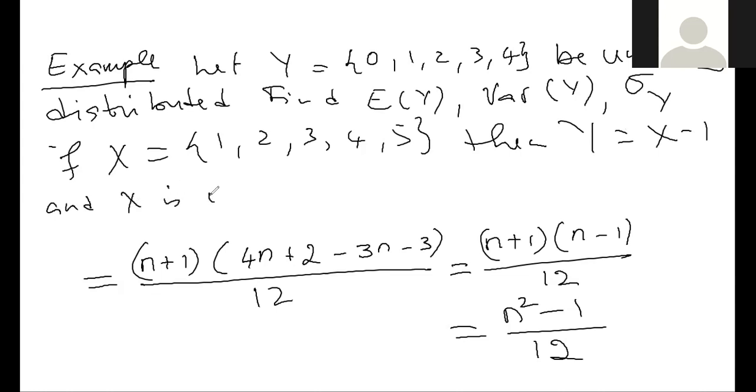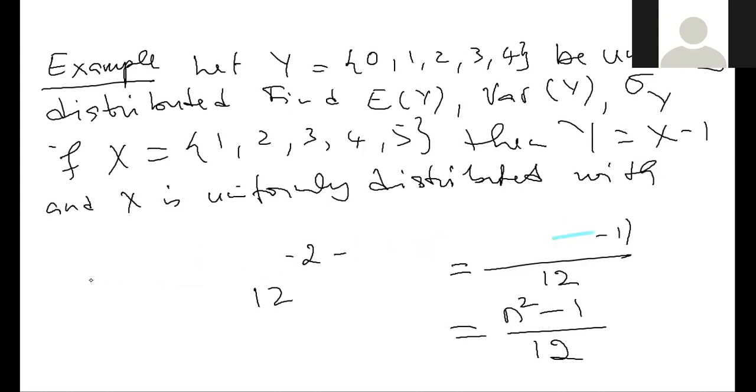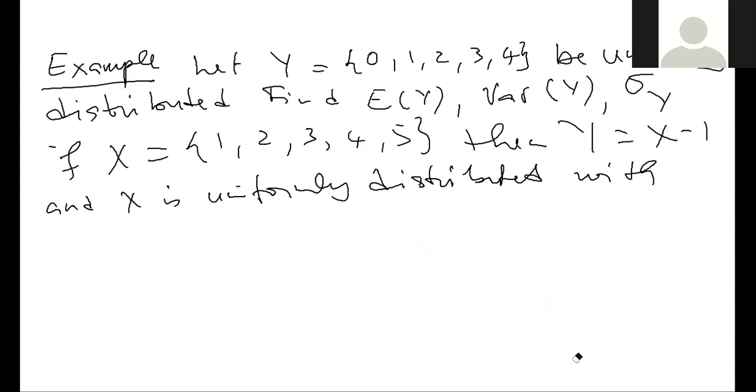And x is uniformly distributed with mean of x equals n plus 1 over 2. The 5 plus 1 over 2, which is 3.